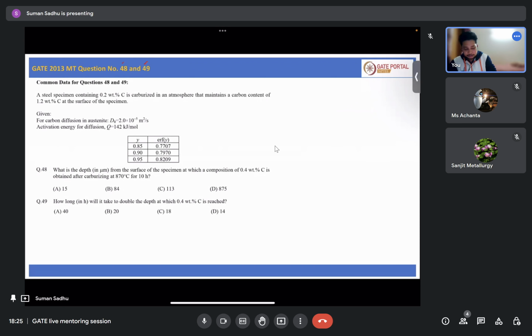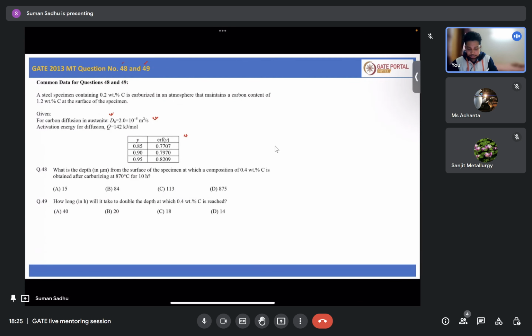The data given for carbon diffusion in austenite are D naught, 2 into 10 to the power minus 5 meter square per second, and the activation energy for diffusion, 142 kilojoule per mole. Also one chart is given for the y values and the corresponding error function of y.